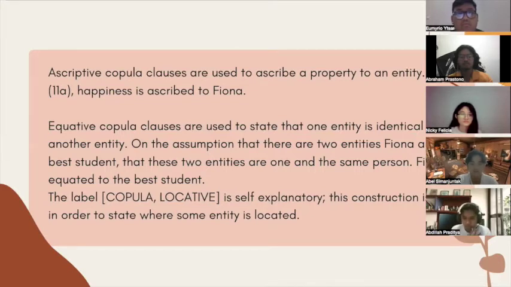Fiona is equated to the best student. The label copula locative is self-explanatory. This construction is used to state where some entity is located.